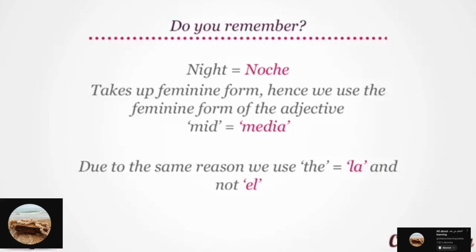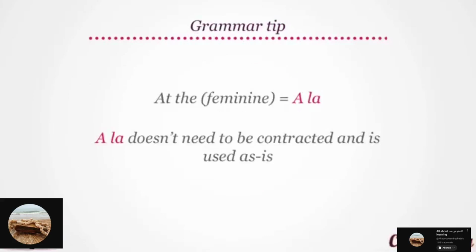Hence, we use the feminine form of the adjective mid or media. Due to the same reason, we use the as la and not el. At the, where the is in feminine form, becomes a la. A la doesn't need to be contracted and is used as is.